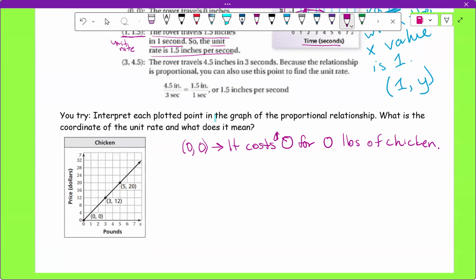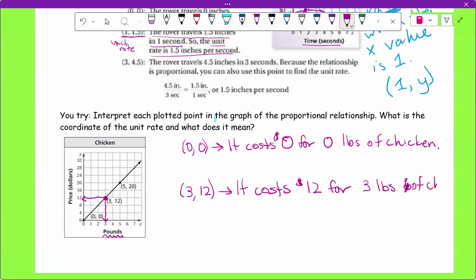The next point we have is 3, 12. What does 3, 12 mean? Well, if I look, I see that here's the 3 on the x-axis referring to pounds, and here's the 12. So that means it costs $12 for 3 pounds of chicken.